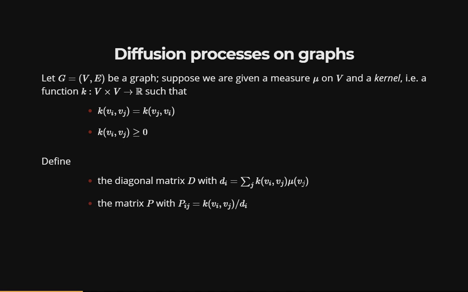A matrix P is given by Pij, the kernel on Vi and Vj divided by Di, normalized by Di. In the continuous case, this would be just a function of two variables. Here it is a matrix.